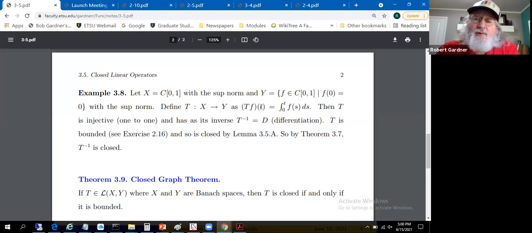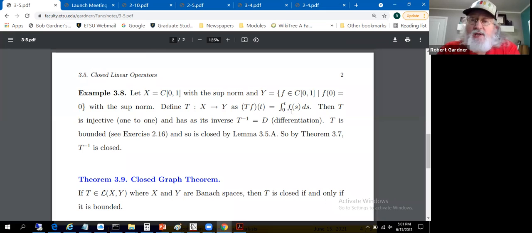If you plug in t equals 0, then this antiderivative on the right-hand side of this equation at 0 will be 0. Integral from 0 to 0 is 0. So you're taking this function f from space X, as given here, and you're producing a function.